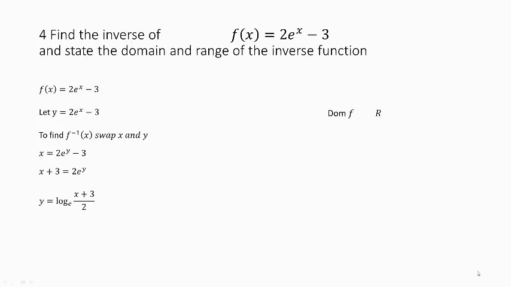Add 3 to both sides, divide both sides by 2. I've jumped a little step there. Now I'm saying y equals the log of (x plus 3) divided by 2. So you can see the base stays the same, the x and the y have changed. I've written it correctly this time. The inverse function of x equals log of (x plus 3) over 2.